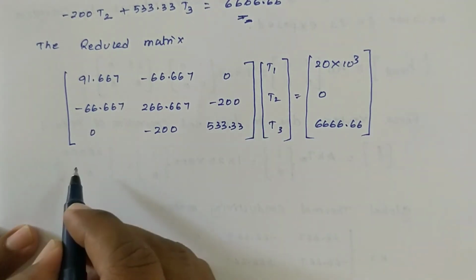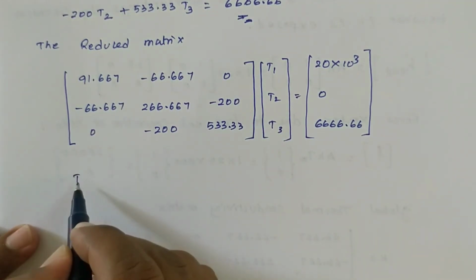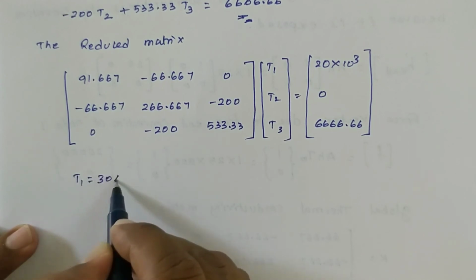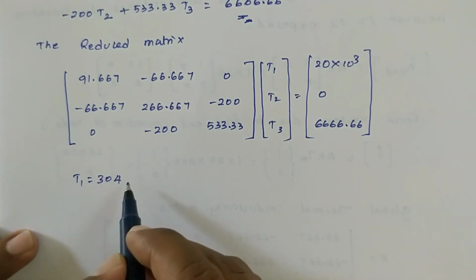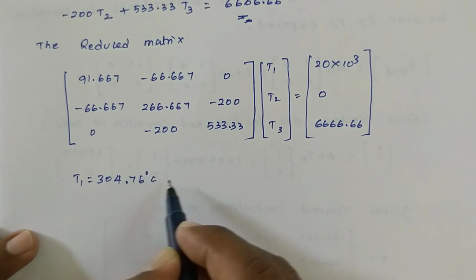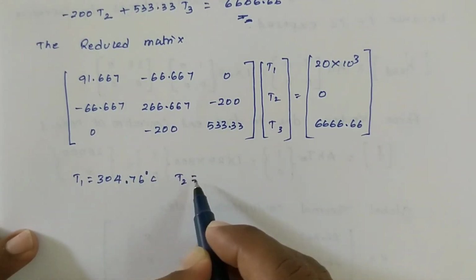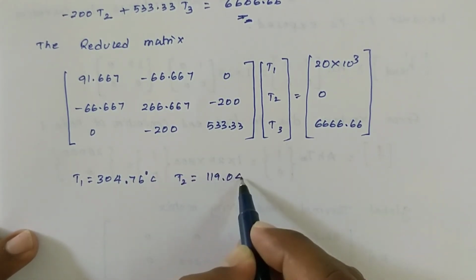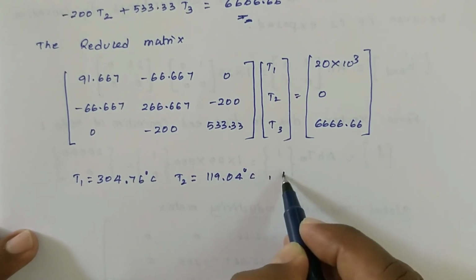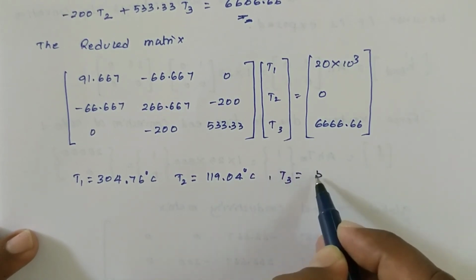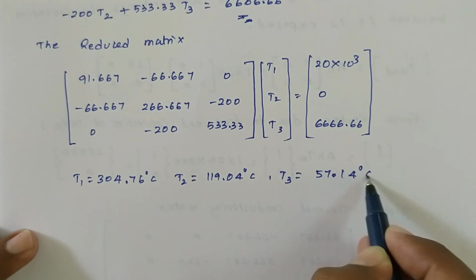If you solve the matrix, you can obtain the value of T1 as 304.76 degrees centigrade, T2 as 119.04 degrees centigrade, and T3 as 57.14 degrees centigrade.